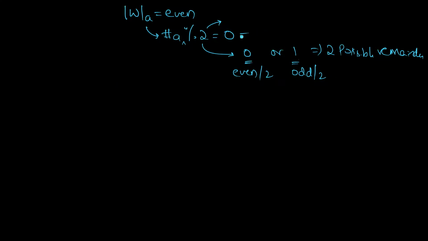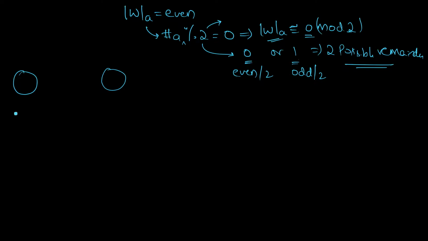This can also be written as the number of A's in W is congruent to 0 mod 2. It means when we divide the number of A's in W by 2, we get a remainder 0. Since we have two possible remainders, we will have two states in this DFA.